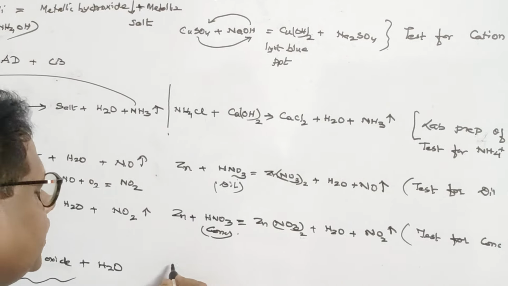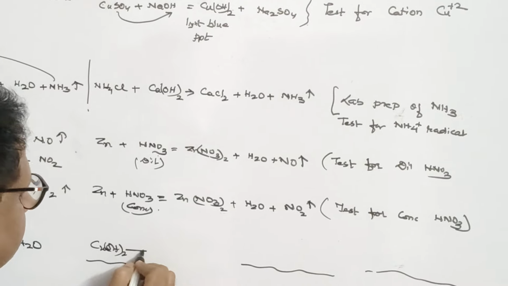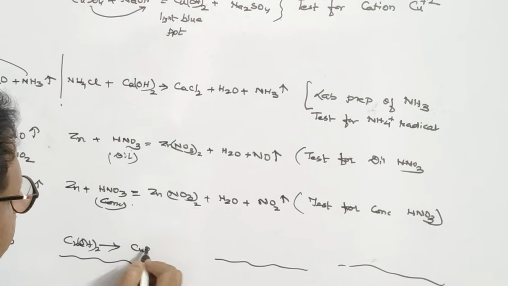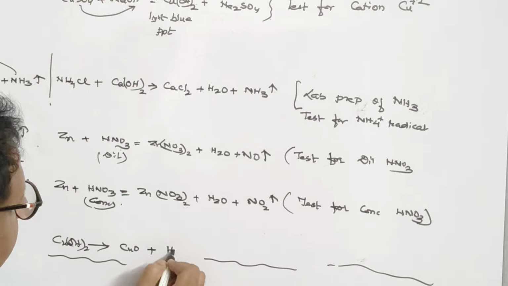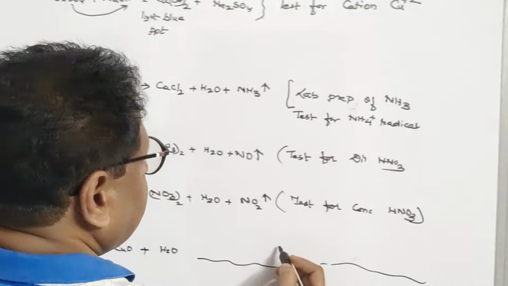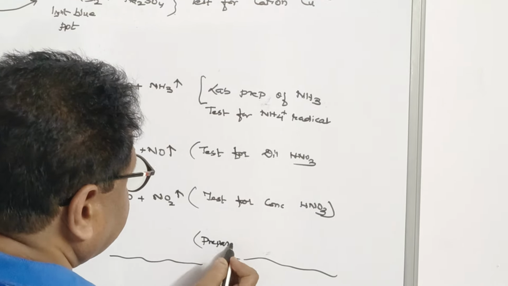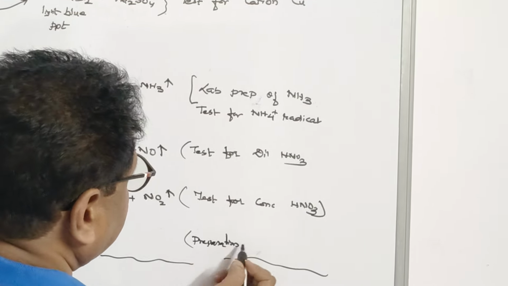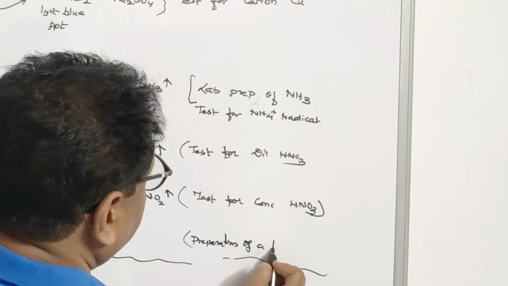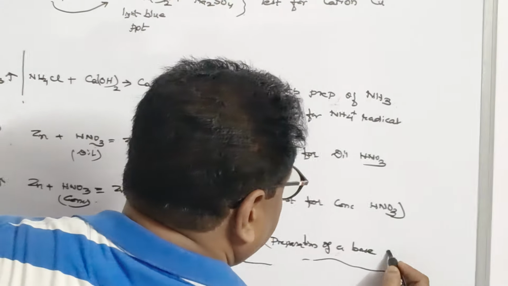For example, if you heat copper hydroxide, you will get black copper oxide plus water. The importance of this reaction is that you can use this as a preparation of a base from a base.